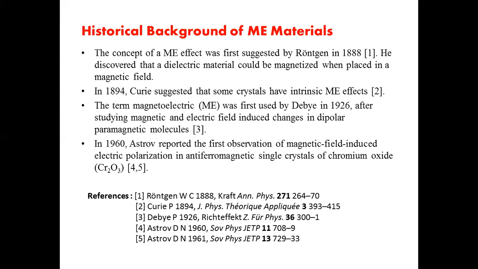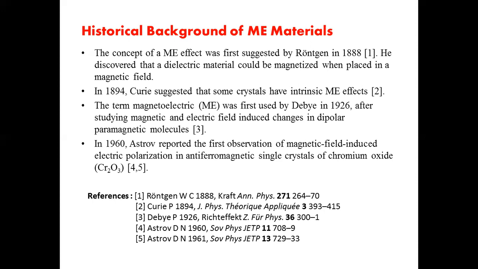So this is the very igniting thought given by Röntgen in 1888. So for the first time he told that the dielectric material could be magnetized when placed in a magnetic field. So that led to the invention of the ME effect.